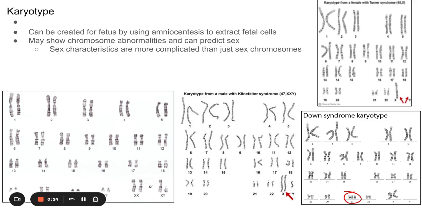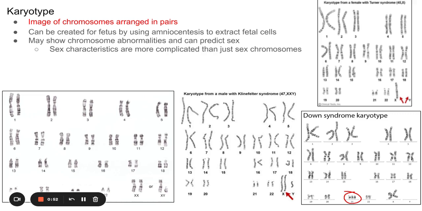One of the things they can then do with the cells they collect is create something called a karyotype. A karyotype is really just a picture of all of the chromosomes in a cell, and they are arranged from longest chromosome to shortest chromosome.